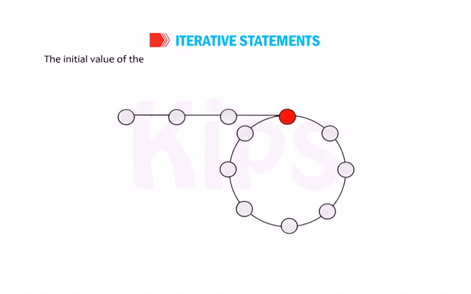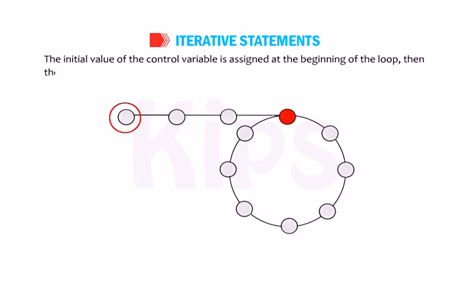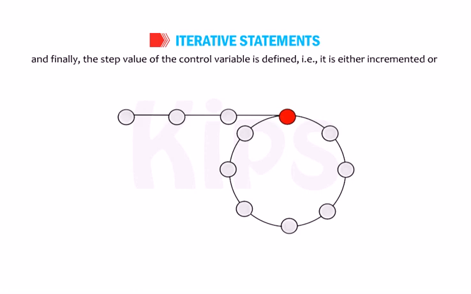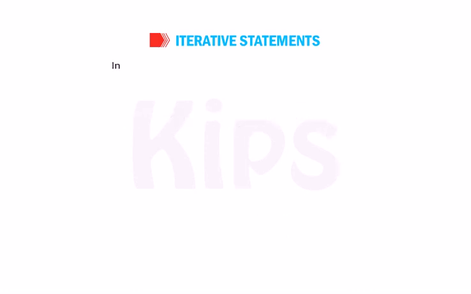The initial value of the control variable is assigned at the beginning of the loop. Then the final value of the control variable is specified. And finally, the step value of the control variable is defined. That is, it is either incremented or decremented by the given value at each step to reach the final value. In Python, there are 2 types of iterative statements: for, while.